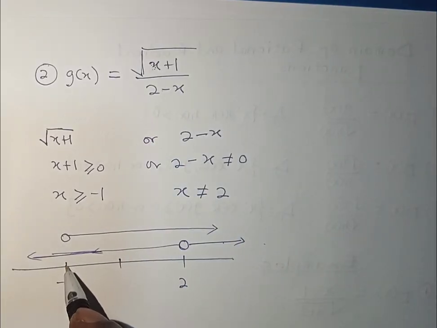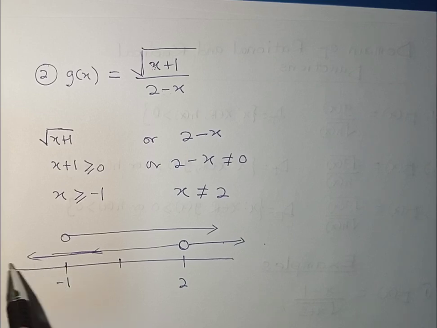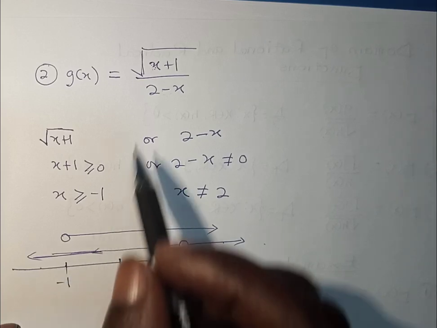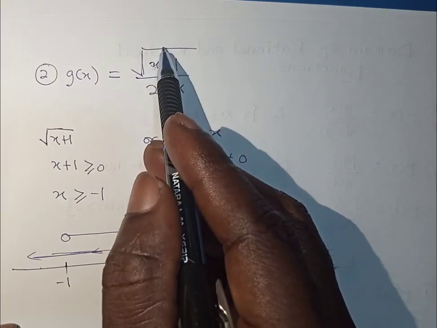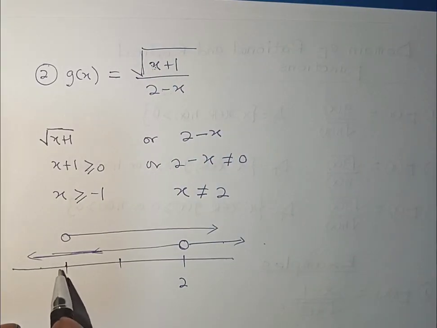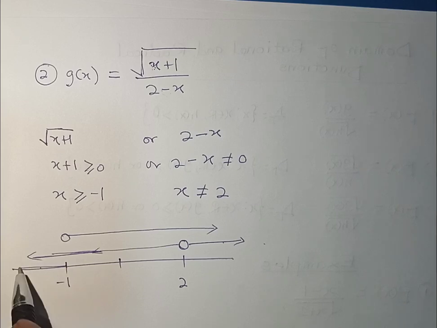So let me say I have 1 here. If I look at my left side, which the 2 is saying that everything at my left side should satisfy, you ask yourself, if I pick -2 and substitute it here, you get -1, which makes this undefined. In that case, it means that all these regions are not part.